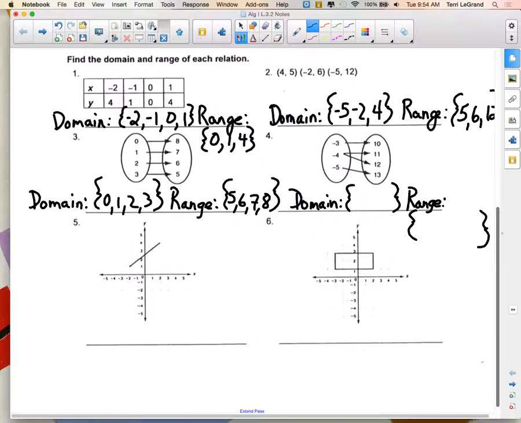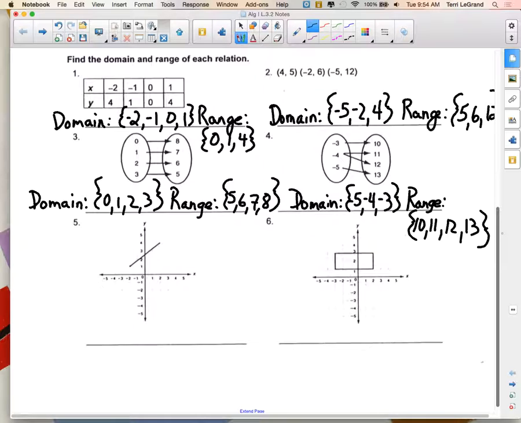Okay, number 4, the domain is Lindsay. -3, -4, -5. Okay, least to greatest. -5, -4, -3. And the range is, Colin, I know you want to give it. 10, 11, 12, and 13. Okay, good job.